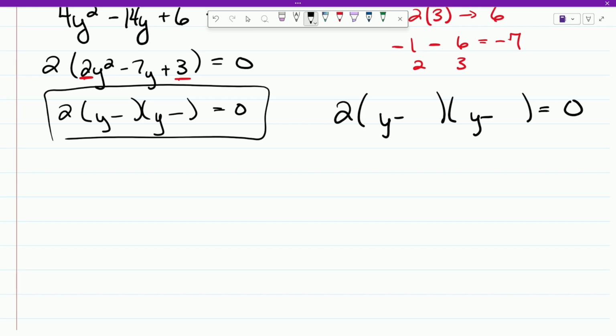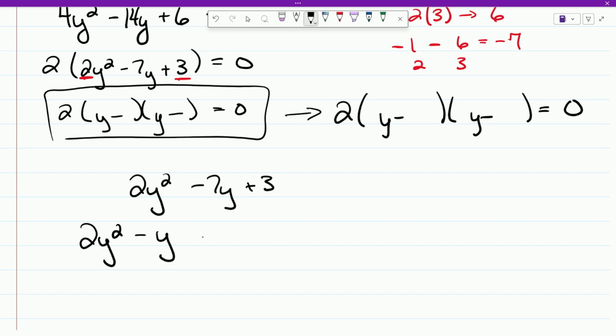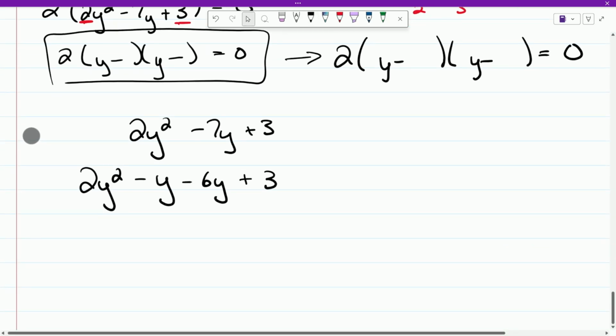This is our factored form. I just want to focus on the trinomial. So 2y to the second minus 7y plus 3 is going to turn into 2y to the second minus y minus 6y plus 3.